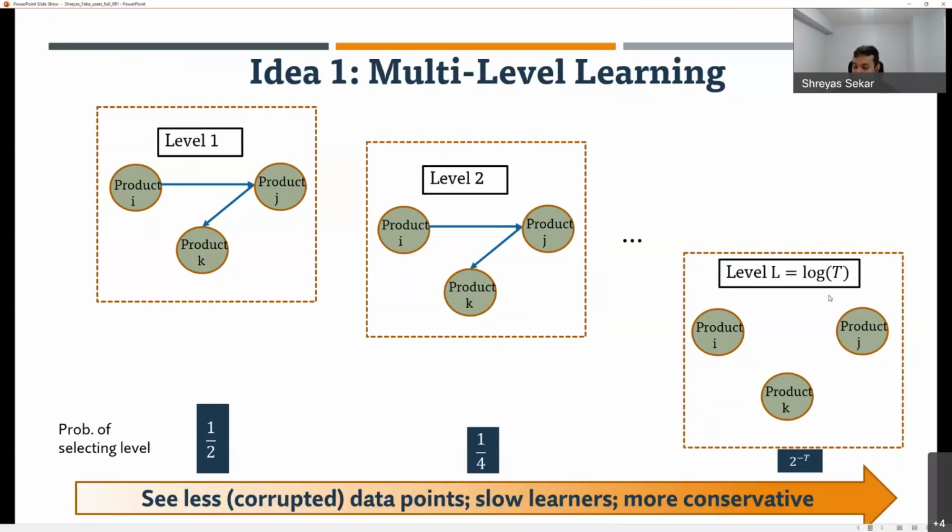Now the higher levels are chosen with a small probability, so they see fewer fake users, so they have a lower risk of being corrupted. But there is a trade-off because the lower levels are chosen with a high probability, so they converge much faster. The higher levels are chosen with a small probability, so they converge slowly.